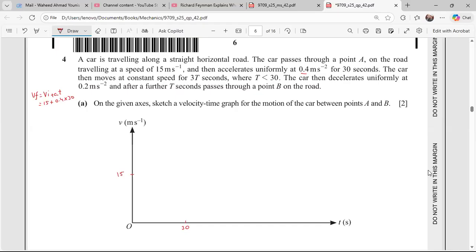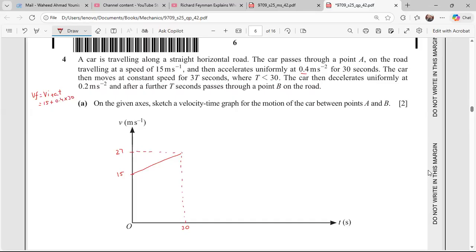So 15 plus 0.4 times 30. This is 27. Okay, so it accelerates for 30 seconds and reaches a speed of 27 meter per second.